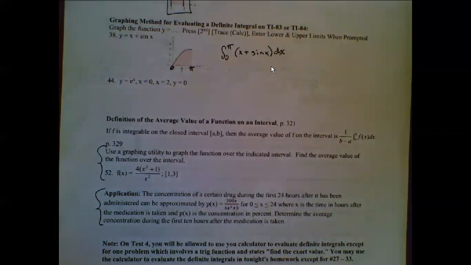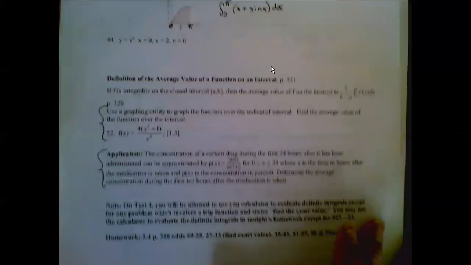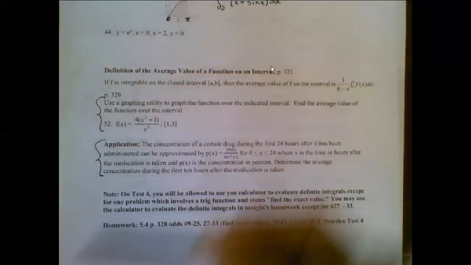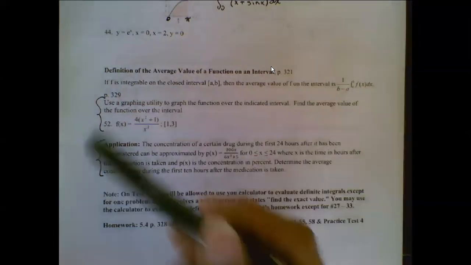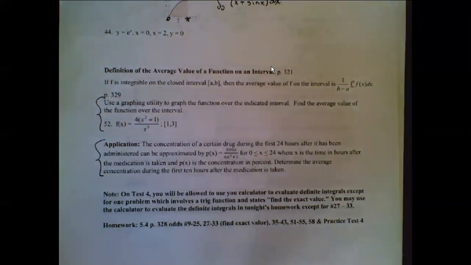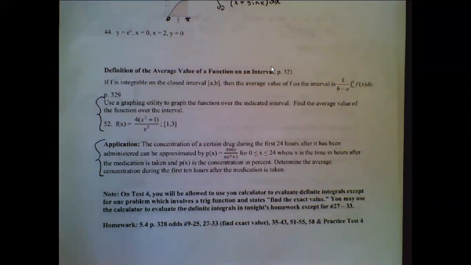So before we get into those questions from the practice test tomorrow, we'll talk about these last two things. I don't want to rush them. They're pretty easy, but I want a minute to talk about them. So don't worry about the average value and the word problem in the homework for tonight.